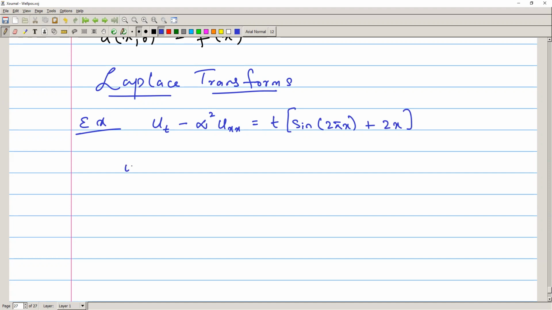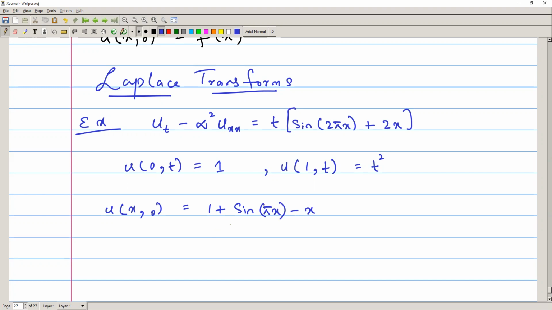So the boundary conditions are u(0, t) = 1 and u(1, t) = t squared, and then u(x, 0) = 1 + sin(pi x) - x.